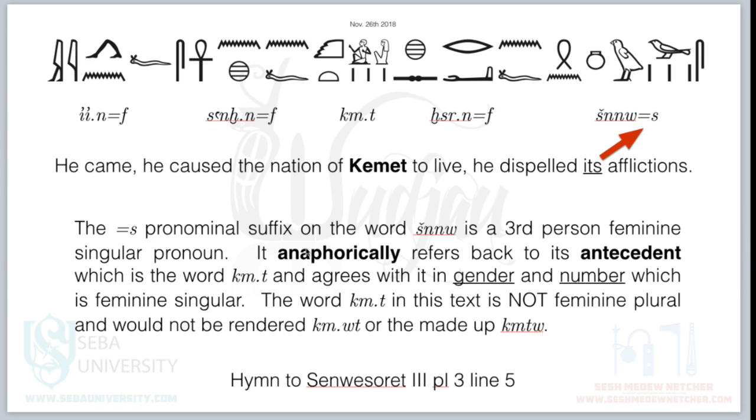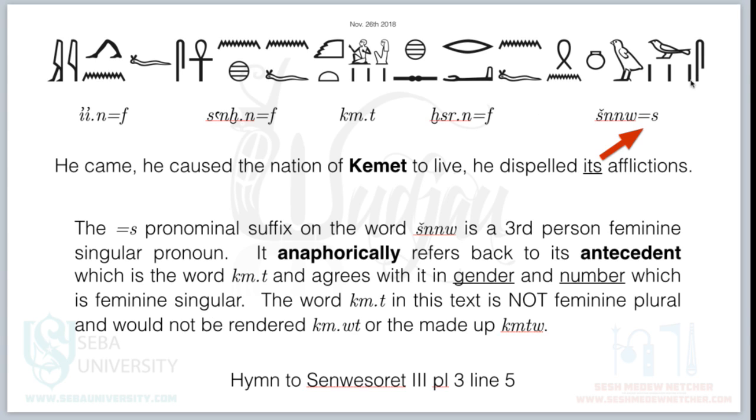And so the pronominal suffix on the word shenenu is a third person feminine singular pronoun. It anaphorically refers back to its antecedent, which is the word Kemet, and agrees with it in gender and number, which is feminine singular.